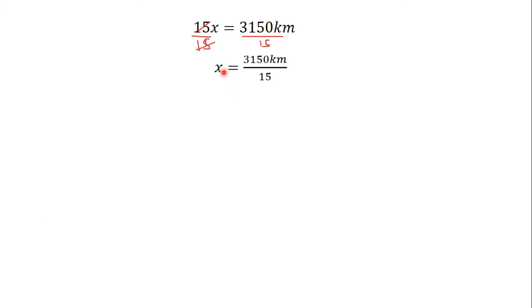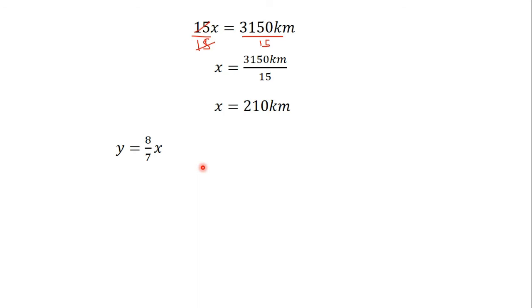So you are going to have x is equal to 3,150 kilometers divided by 15, which will give us 210 kilometers. This means that after 2 hours, train A covered a distance of 210 kilometers.